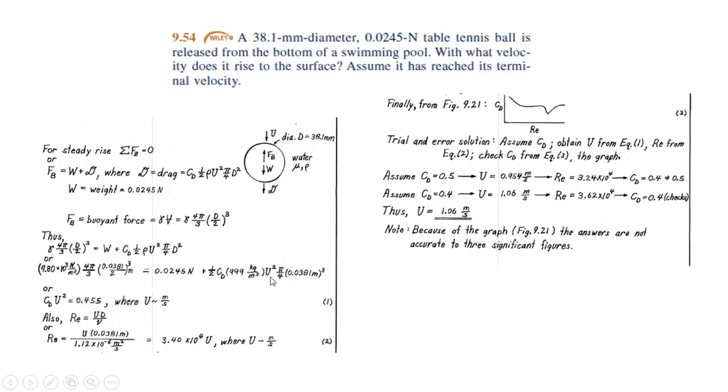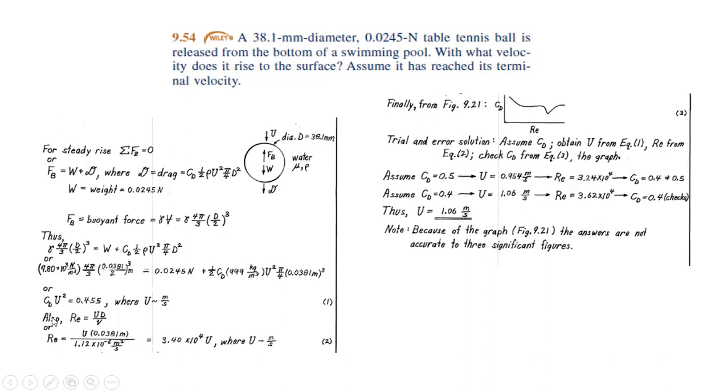Then you have U, which is unknown, and then the area of the front face of the ball, which is pi upon 4 d square. Now when you solve it all, because everything is known except Cd and U, you come up with the relation Cd U square equals 0.455, right? So in this equation we have two variables: we do not know Cd and we do not know U. So now let's see how to solve this relation.